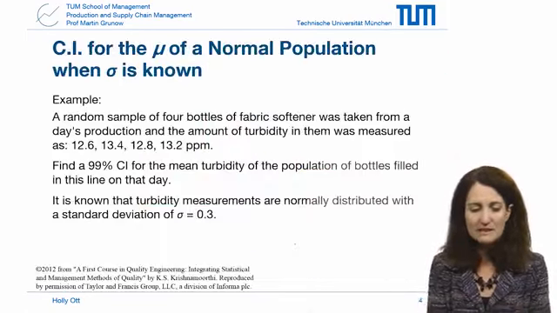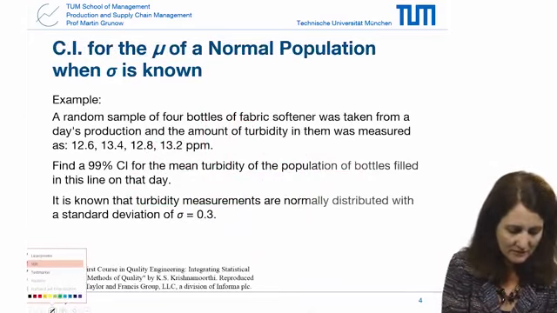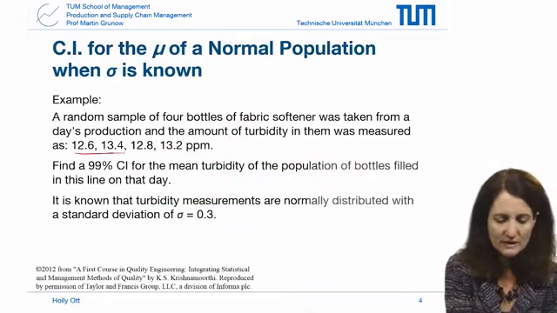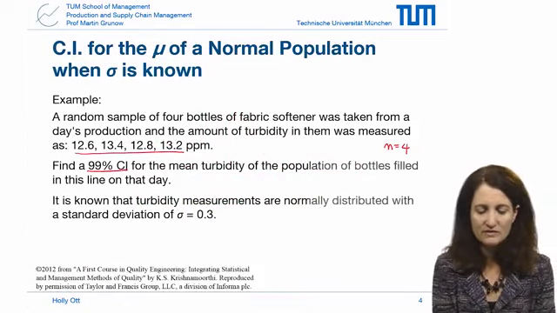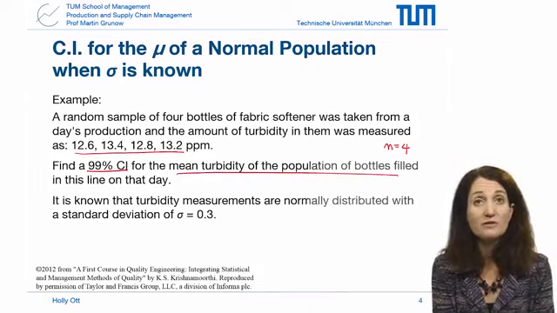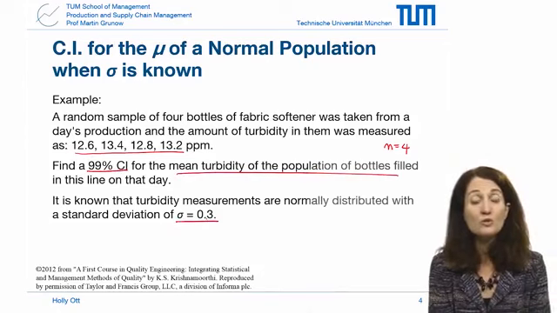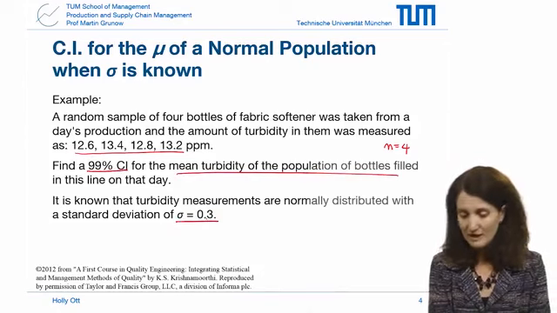And then we did the example. We have the example here with turbidity measurements, where n equals 4. We wanted a 99% confidence interval for the mean turbidity of the population of bottles filled on the line, and we knew we had a standard deviation of 3.